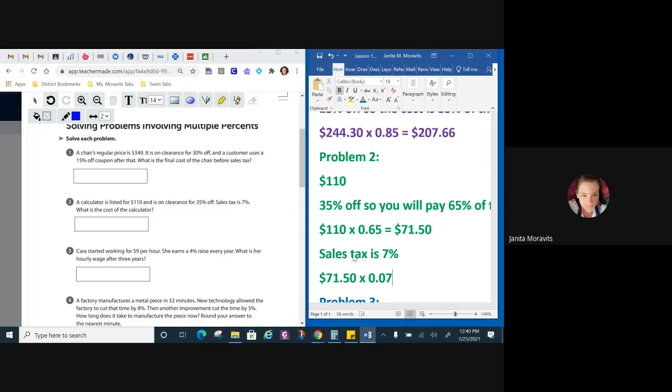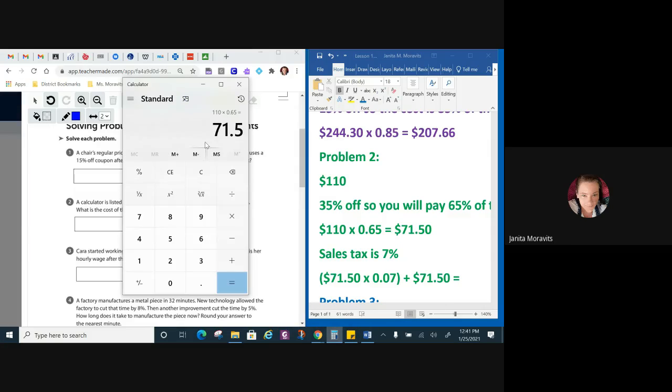And then after we do all of that, we have to add it to the cost that you were using there, $71.50. Because you need the tax plus that amount, and that will tell you how much total they paid. All right, so let's do that.